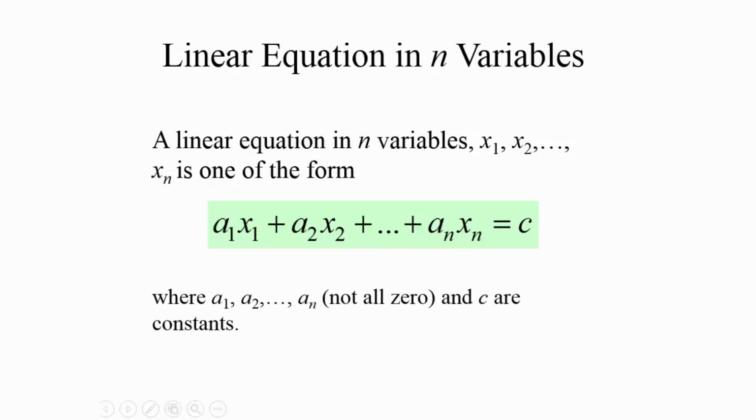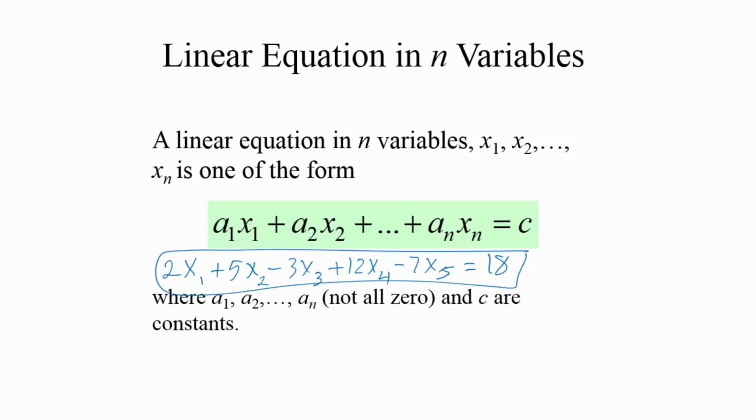So for example, 2x1 plus 5x2 minus 3x3 plus 12x4 minus 7x5 equals 18. This is a linear equation in 5 variables. In this case, n is 5 because you have x1, x2, x3, x4, x5, 5 variables.